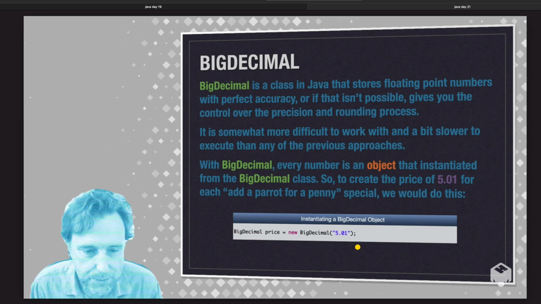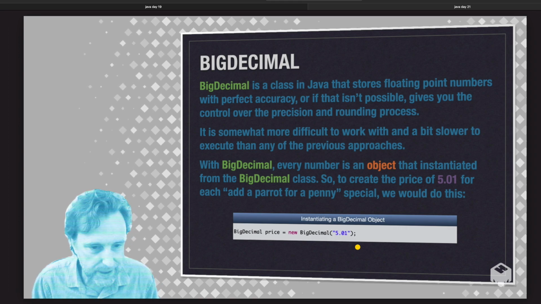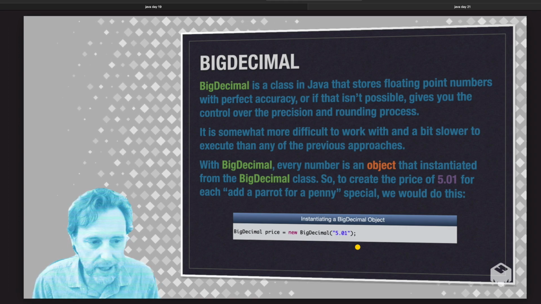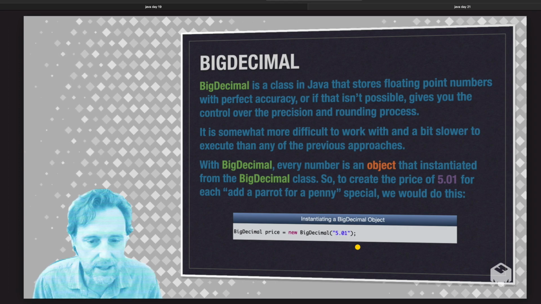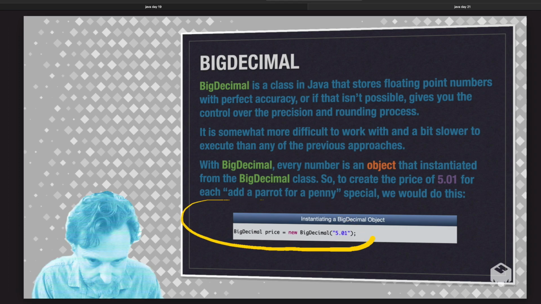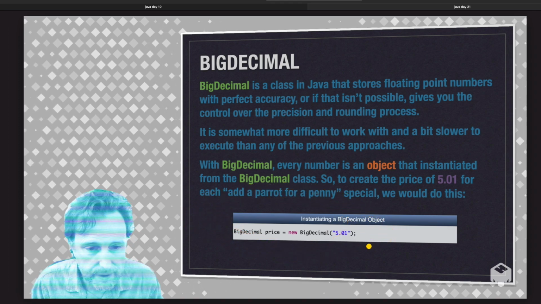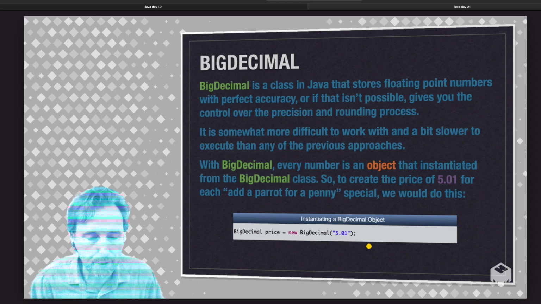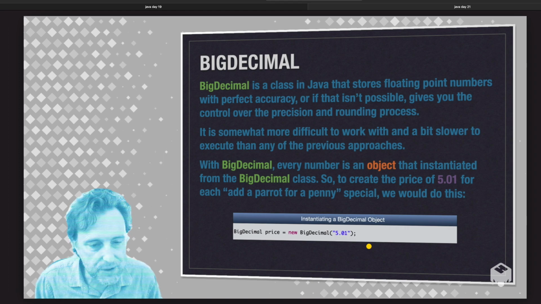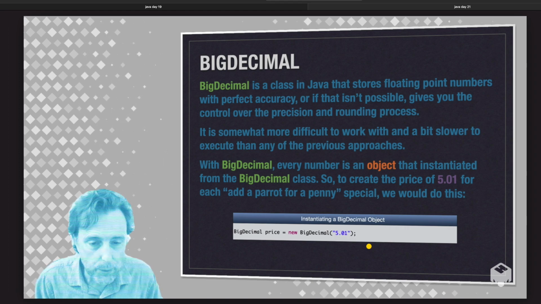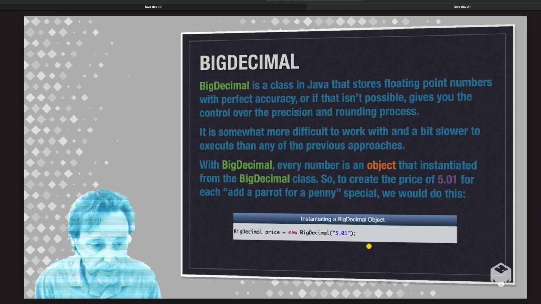How do we use BigDecimal? So BigDecimal is a class. I already said that. Capital B, capital D, BigDecimal. So we create BigDecimal objects, and we use the new instantiation syntax I've got right here to create our numbers. So to create the number 501 for our Add a Parrot for a Penny special, the syntax would be BigDecimal, say price, equals new BigDecimal, and then 501 in quotes.